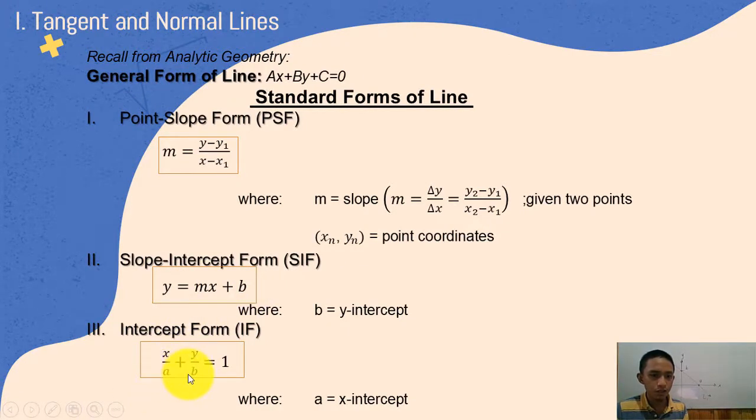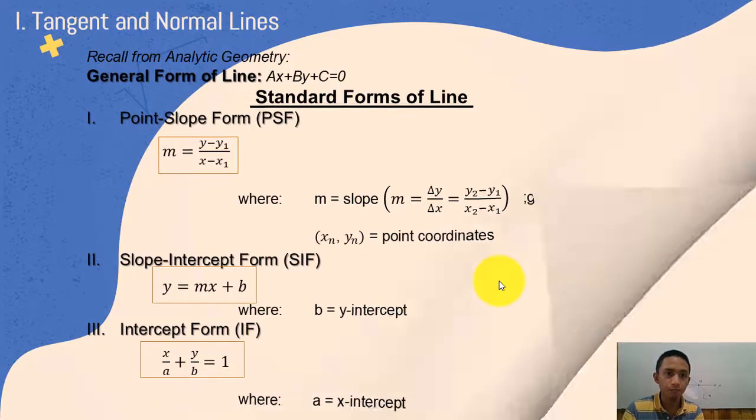You have there below this, your numbers, wherein those numbers are your intercepts. Okay, those are your intercepts. So a is x-intercept.